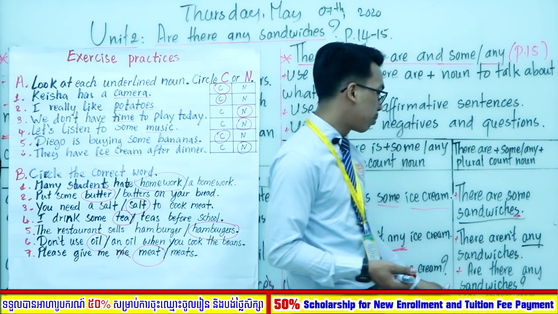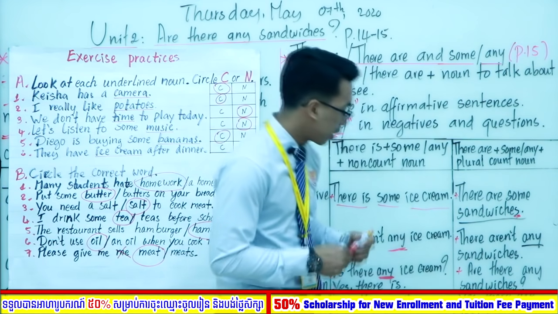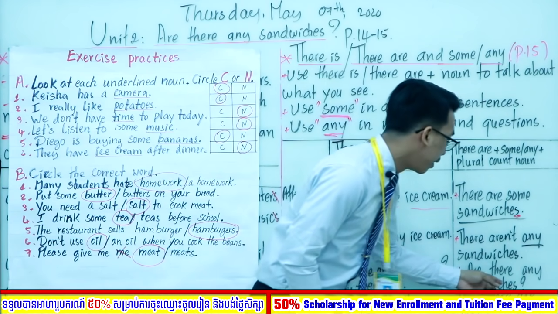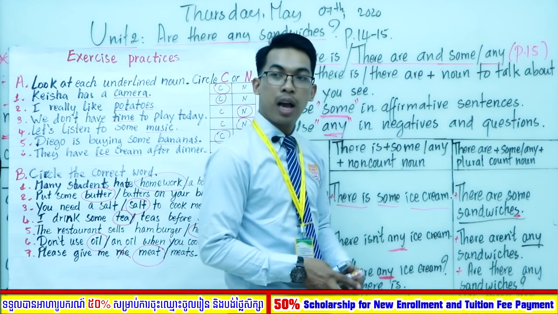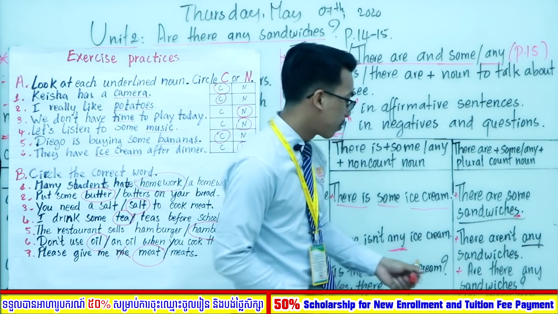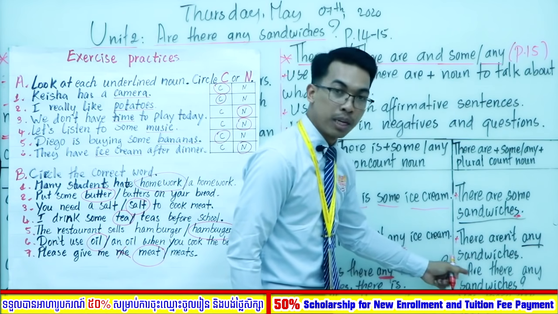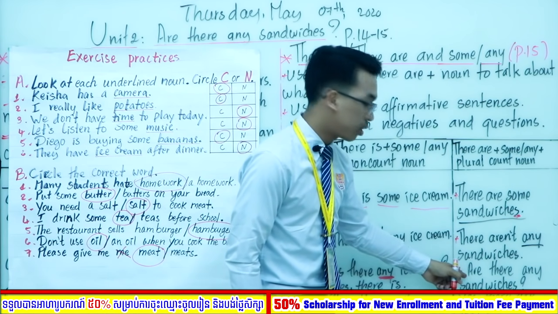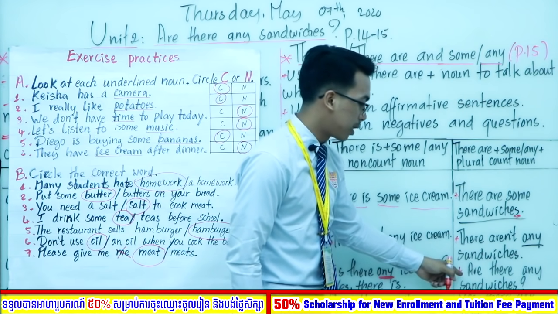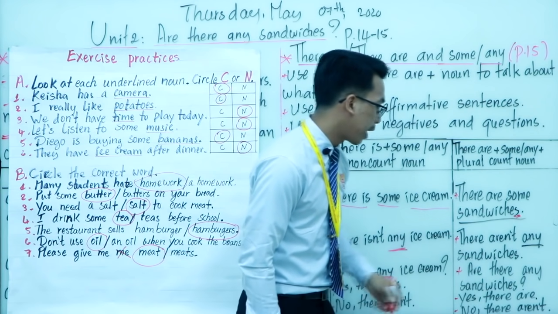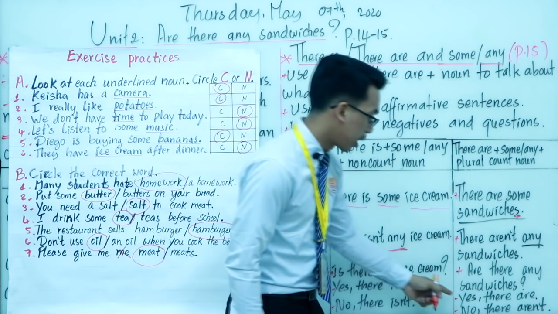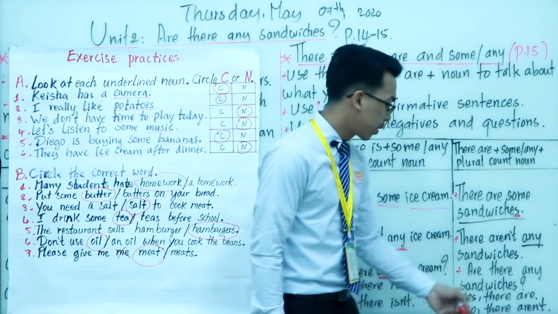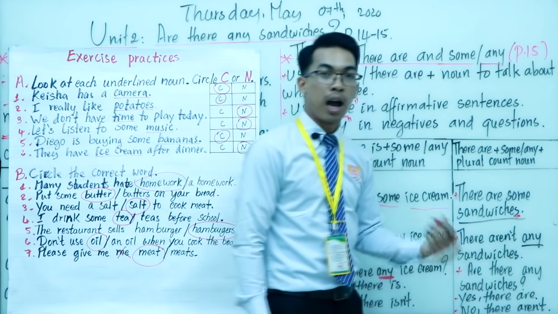Very good. Now let's move to the last one, questions: are there any sandwiches? We need to use to be at the beginning of the sentence. We also have the short answer. If you say yes, yes there are. If you say no, no there aren't.